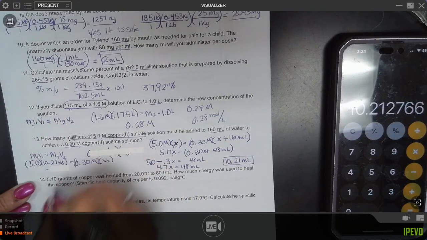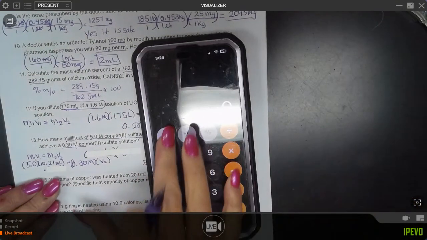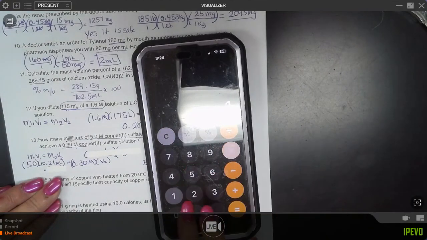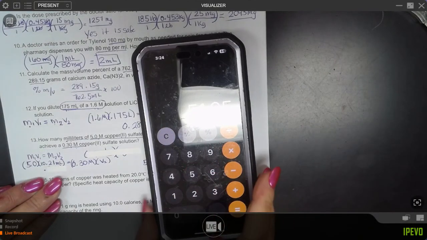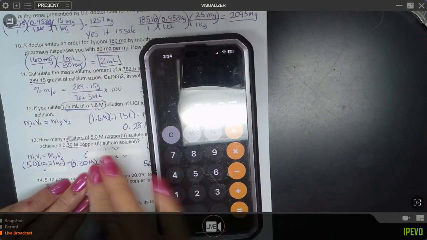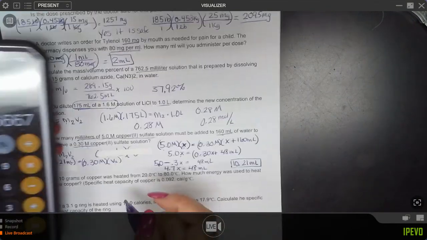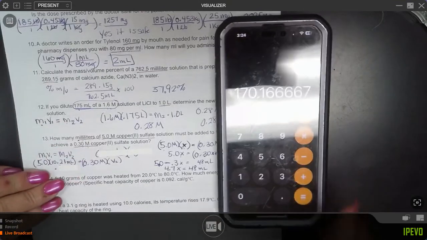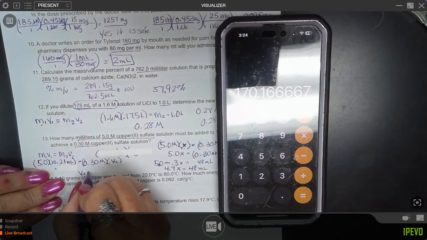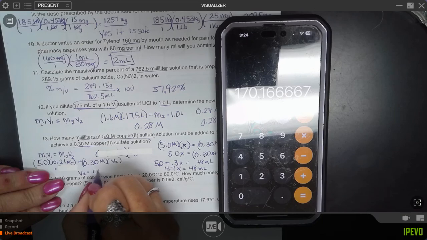Let's see what we get. 5 times 10.21 is equal to 51.05, and I'm going to divide that by 0.3. So that says that V2 is 170 milliliters.